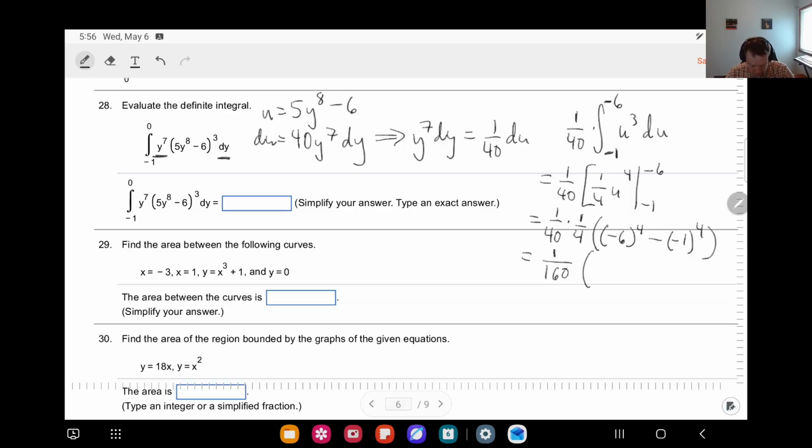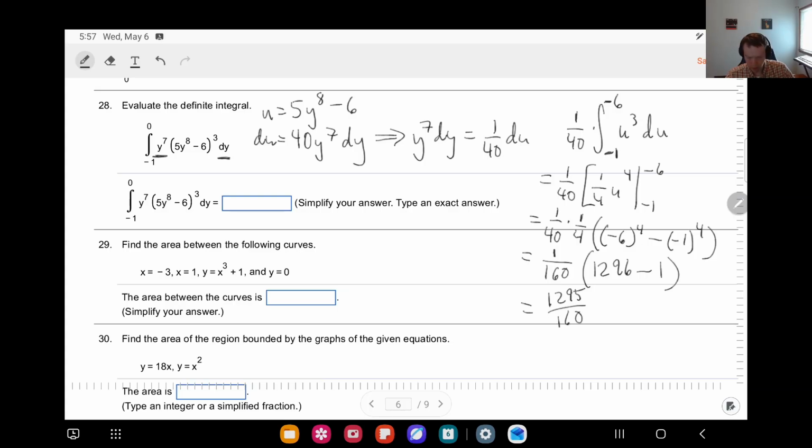All right, that is 1296. And this is minus positive 1. So 1295 over 160.